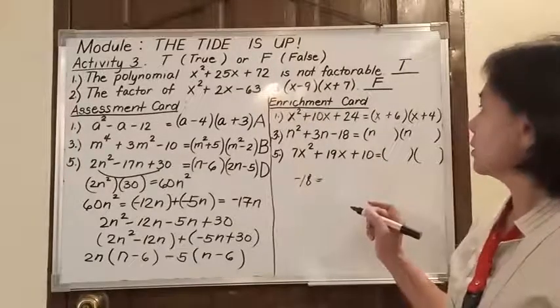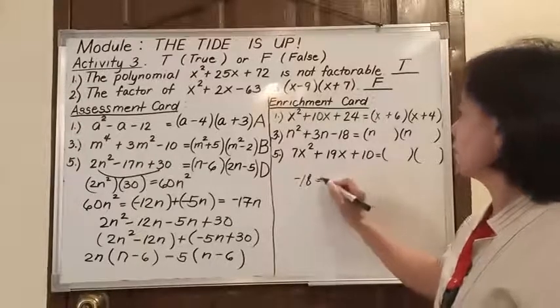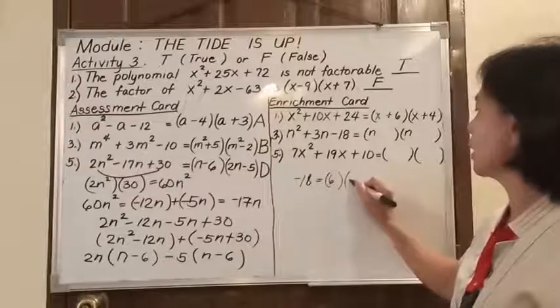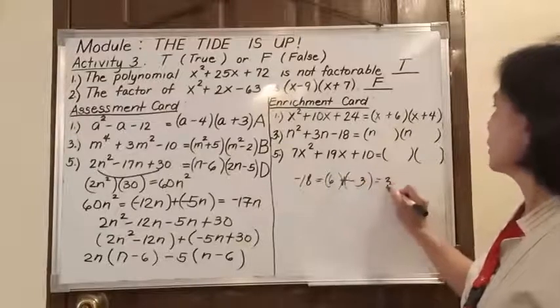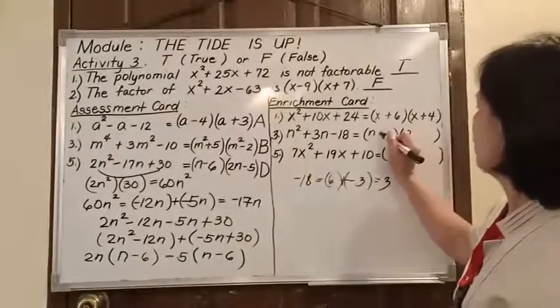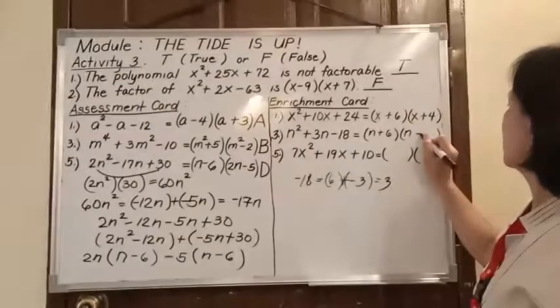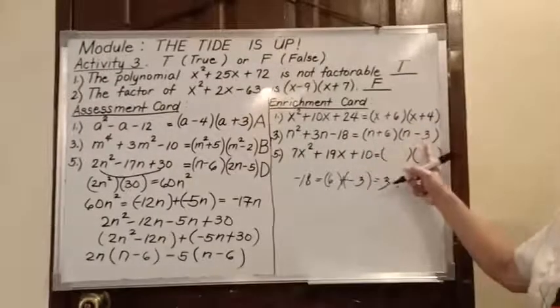Ano pa? 6 and 3. 6 minus 3 is 3. Okay. So, kung negative yan, you have to use positive 6 and negative 3. Pag inadd natin yan, makukuha mo positive 3. So, it should be n plus 6 and n minus 3. Pwede rin nandito yung n minus 3, nandito yung n plus 6.